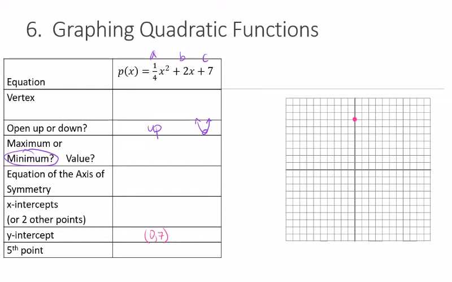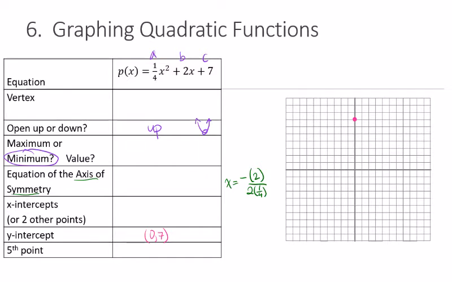We can find the vertex to indicate that, but let's first find the axis or line of symmetry, which is x equals negative b over 2a, right? And so I'm going to say x equals negative b, so that negative is built in. b is positive 2 in this case, over 2 times a, which is 1/4, right? So you can convert that to a decimal if you want.